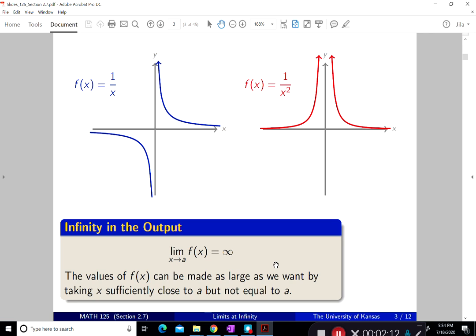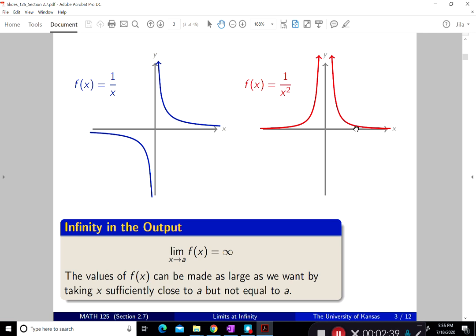So with input and output, the limit as x approaches a of f of x is equal to infinity. That means the values of f of x can be made as large as we want by taking x sufficiently close to a but not equal to a, basically. And so these are the vertical asymptotes.